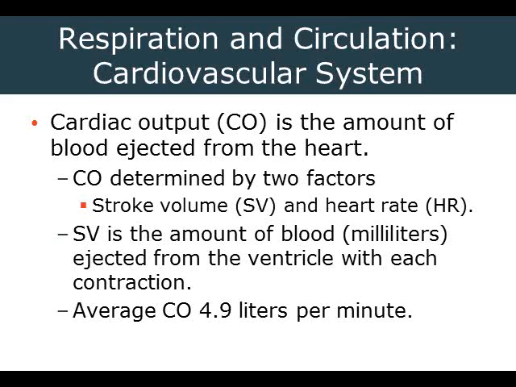So cardiac output is the amount of blood ejected from the heart, and it's determined by two major factors, which are stroke volume and the heart rate. Stroke volume is the amount of milliliters ejected from the ventricle with each contraction. Sometimes this also gets referred to, sort of kind of correctly, as ejection fraction.